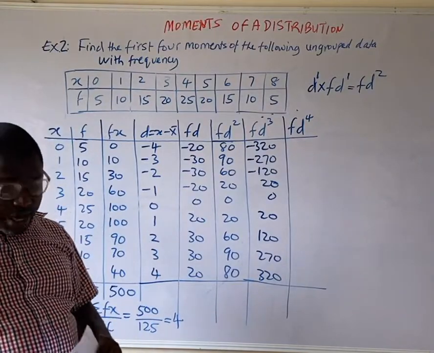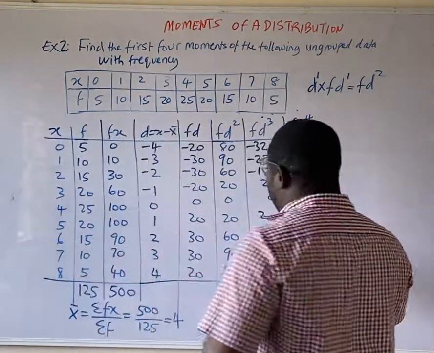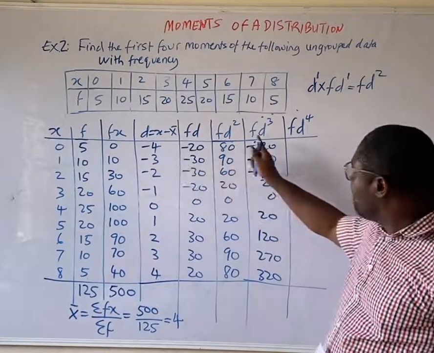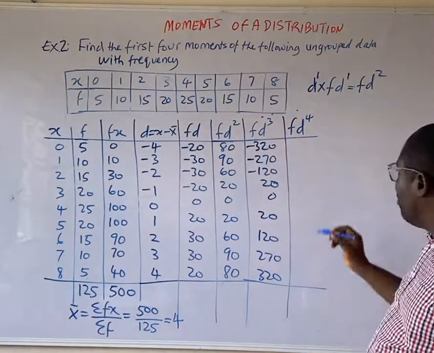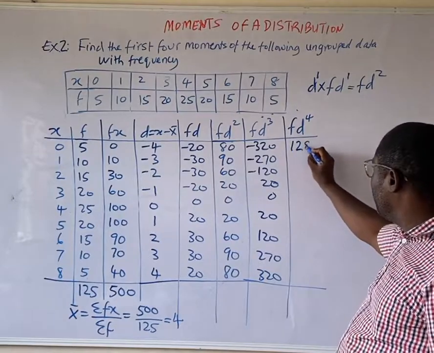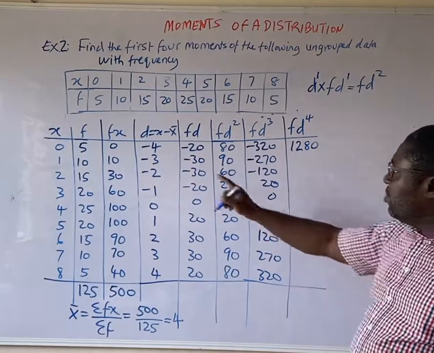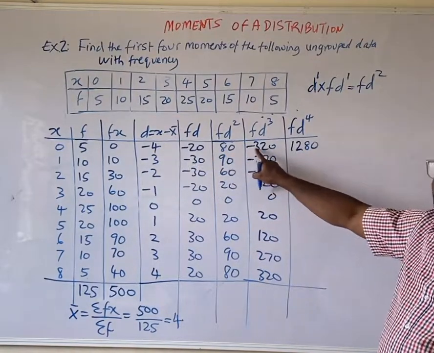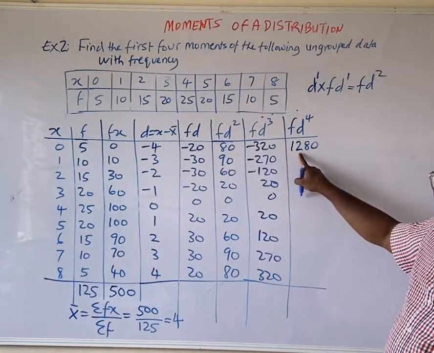So can we do that together very quickly? Let me turn to this side of the board. So by the time you have d times 320, you are going to have 1280. Mind you, this is minus times minus. That's why it is positive here.